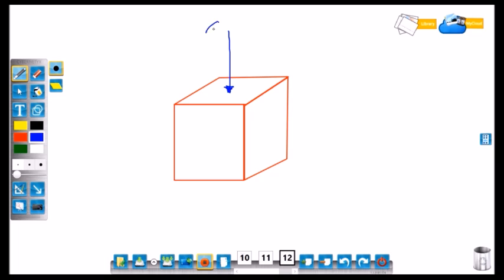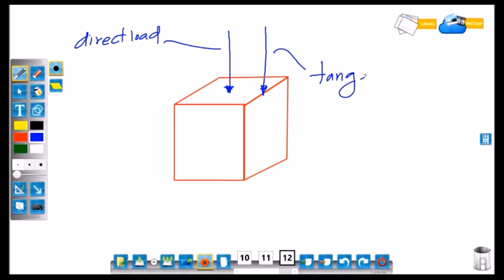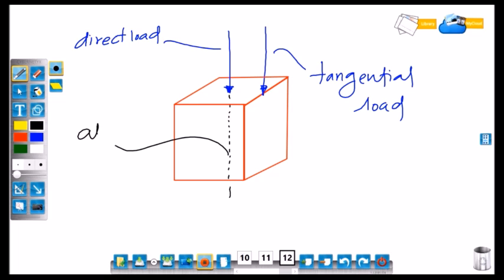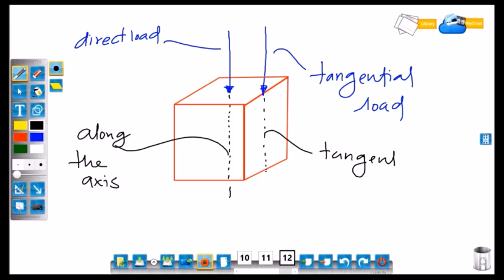This is the force, that is direct load, acting along the axis of the body. This is the tangential force acting tangential to the surface. This is the axis. And this is the tangential direction to the surface.